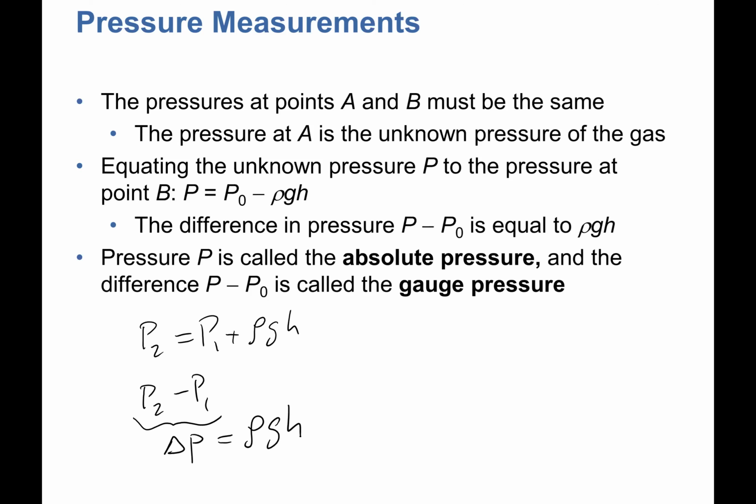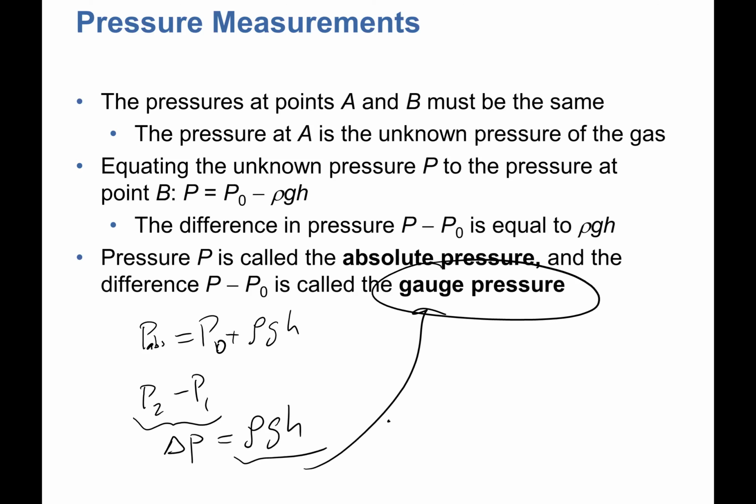All right, so here's what we get. A lot of times P2 is known as absolute pressure. And P1, again, if it's open to atmosphere, if you're considering P1 to be the boundary between some liquid and atmosphere, is the atmospheric pressure. Then the difference between absolute and atmospheric pressure is known as a gauge pressure.